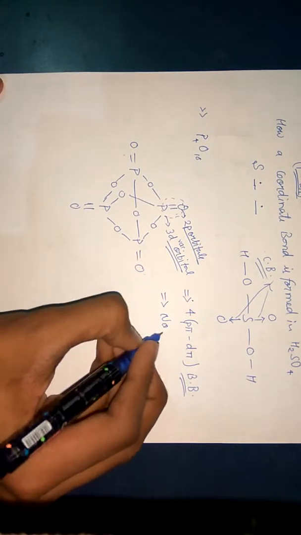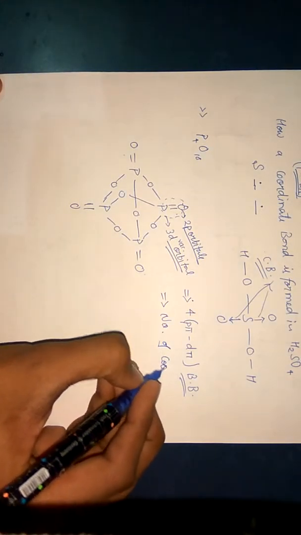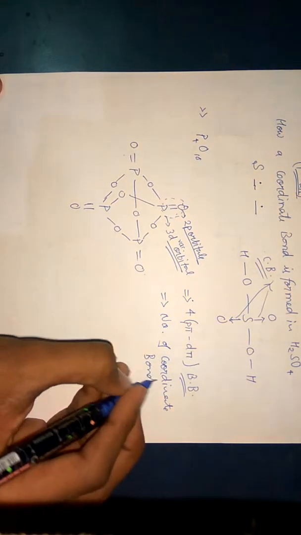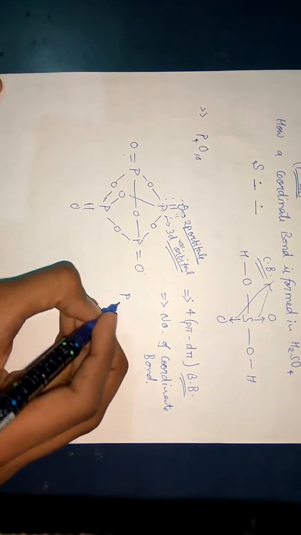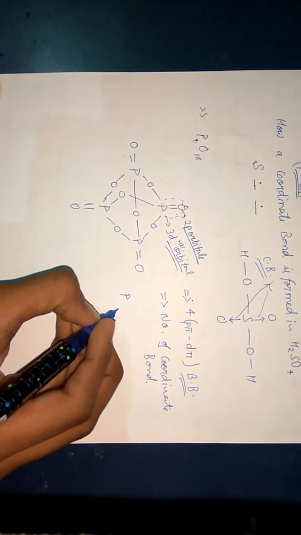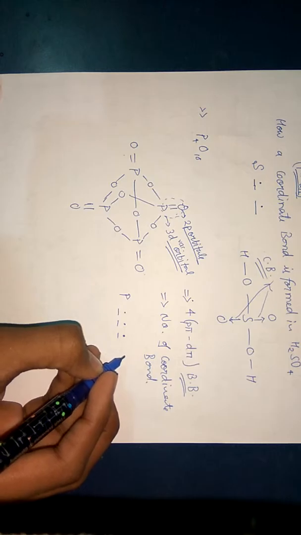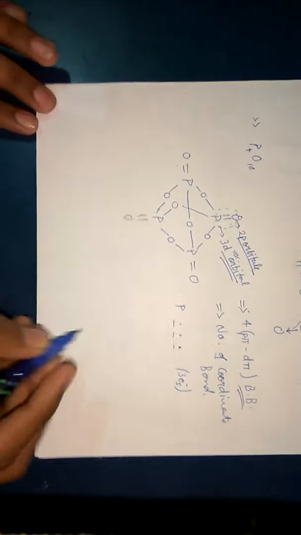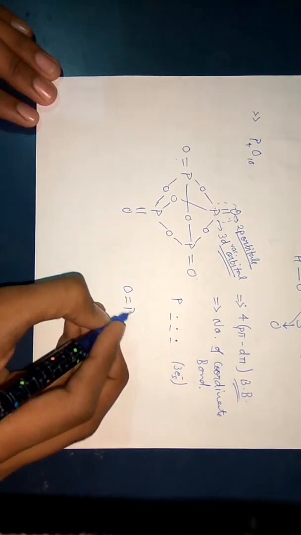Now let's take the number of coordinate bonds. How many coordinate bonds are present in P4O10? As I've already told you, firstly we have to check the phosphorus. Phosphorus has 15 as its atomic number. It needs 3 more valence electrons to complete its valency for the noble gas configuration. Let's draw a zoomed structure of that compound.